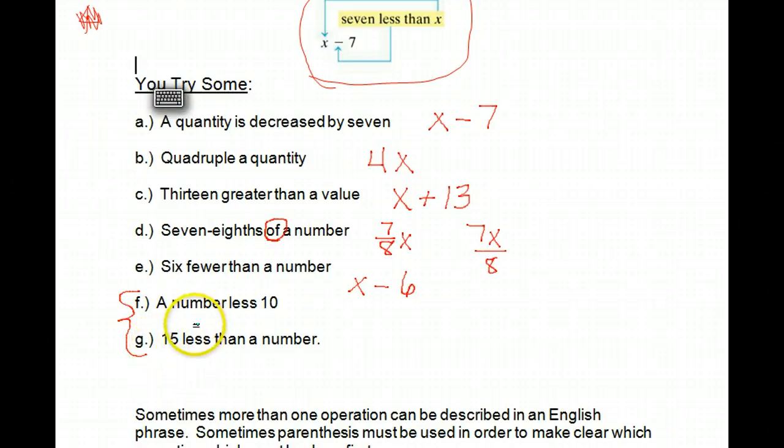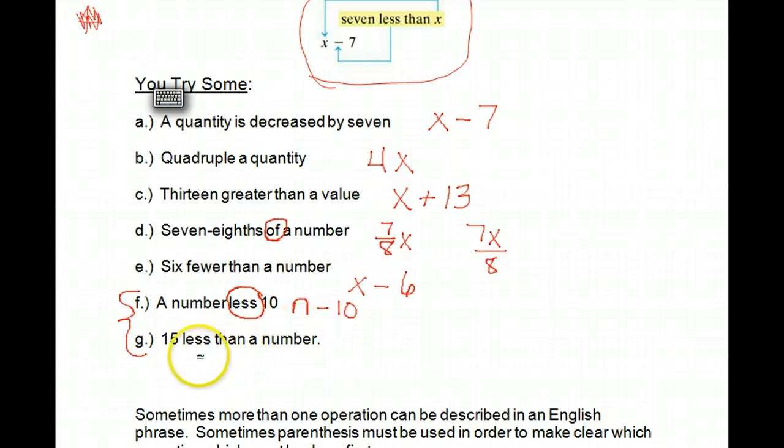Please memorize how these problems are set up so that you remember which one is which, and so that you don't make these mistakes. When you have a number less 10, the word less is acting as a verb. So you are taking your number and subtracting 10. So that is n minus 10.